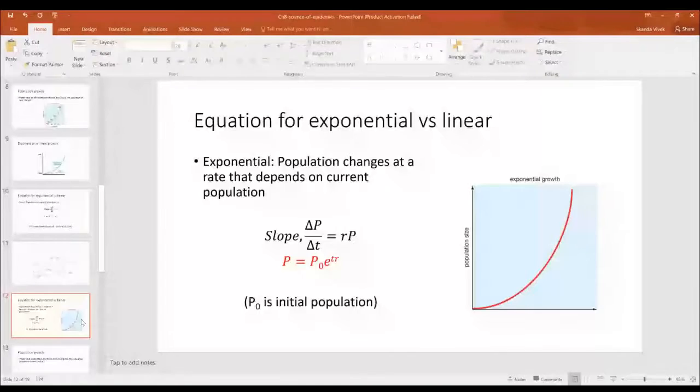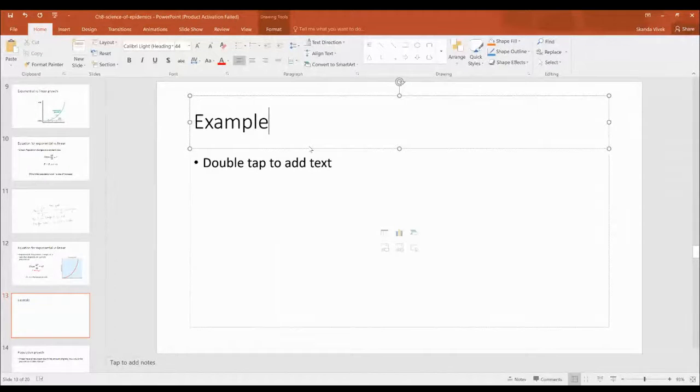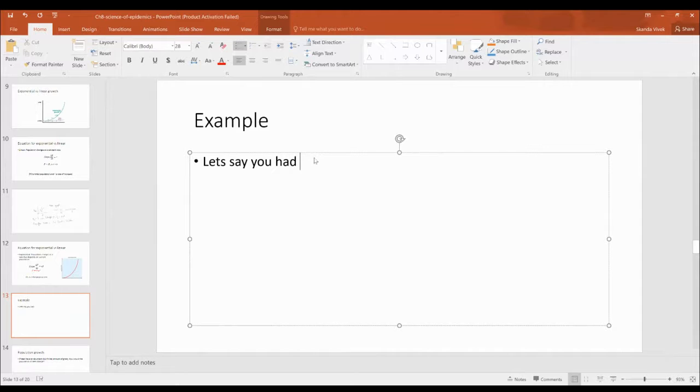Let's just take this bacteria example. Let's say you had bacteria initially.